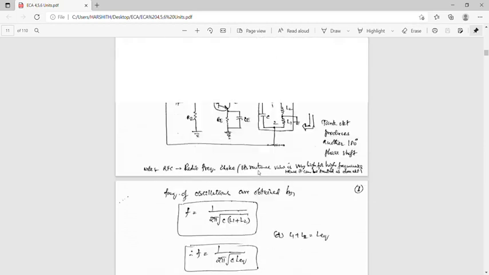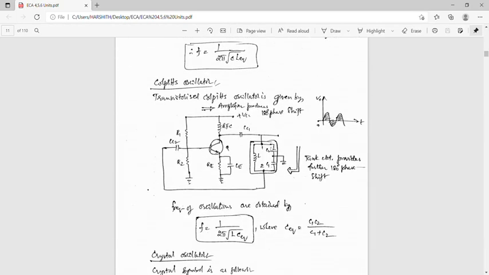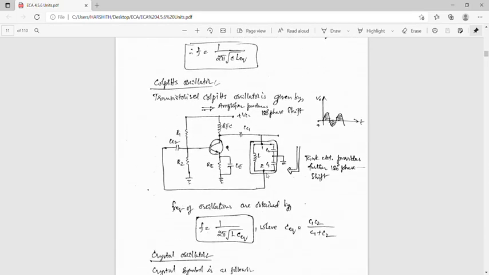In the Hartley oscillator, in this tank circuit, we take two inductive reactances in series, in parallel with the capacitance. In the Colpitts oscillator, we are taking two capacitances in series, that is in parallel with the inductance. This is the difference between the Colpitts oscillator and Hartley oscillator.